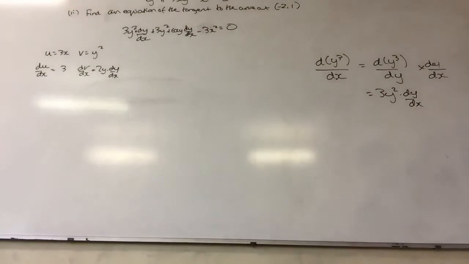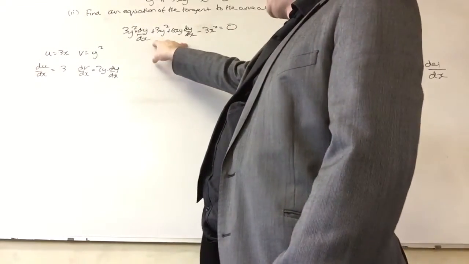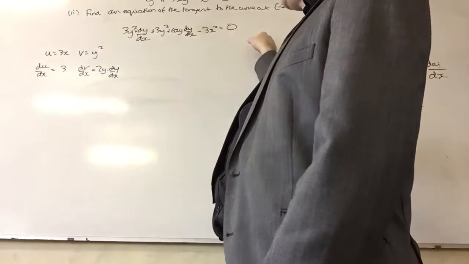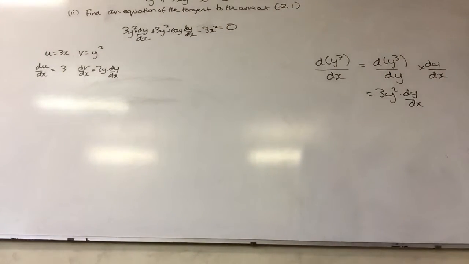Now sometimes the question might say, write down dy dx in terms of x and y, and you need to rearrange this. So you need to get this and this to the other side, factorise and divide out. What's the step after when you have the uv?